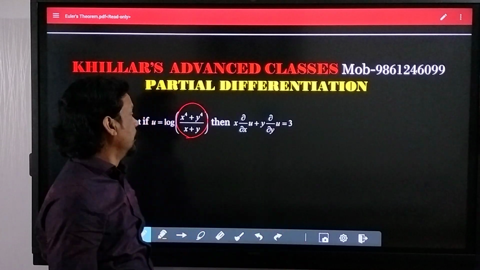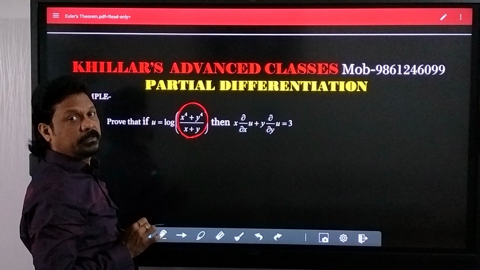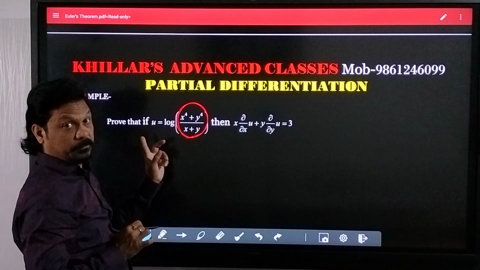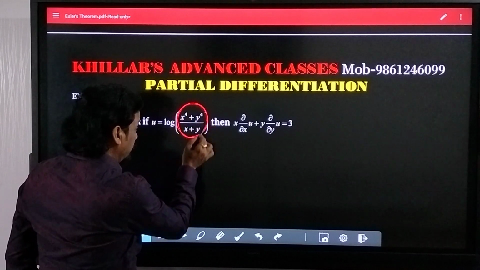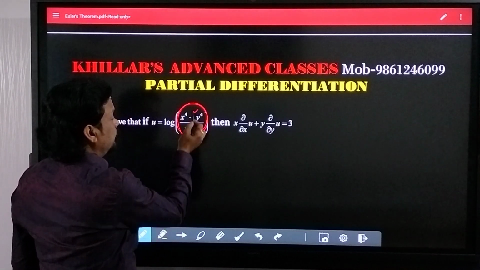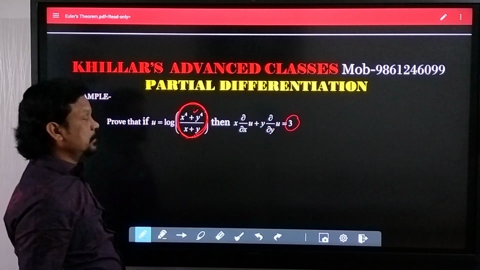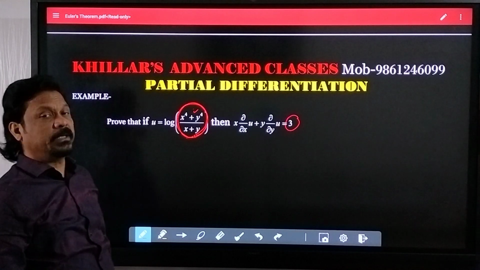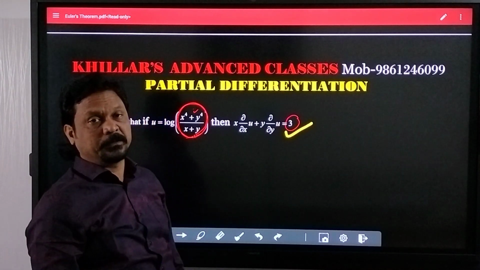Simply find the degree of this one. In the case of logarithm, if you have log of something, then you have to find the degree of something. That means here the degree of numerator is 4, the degree of denominator is 1, 4 minus 1 is 3. So the answer will be only 3. x del u by del x plus y del u by del y is equal to 3.